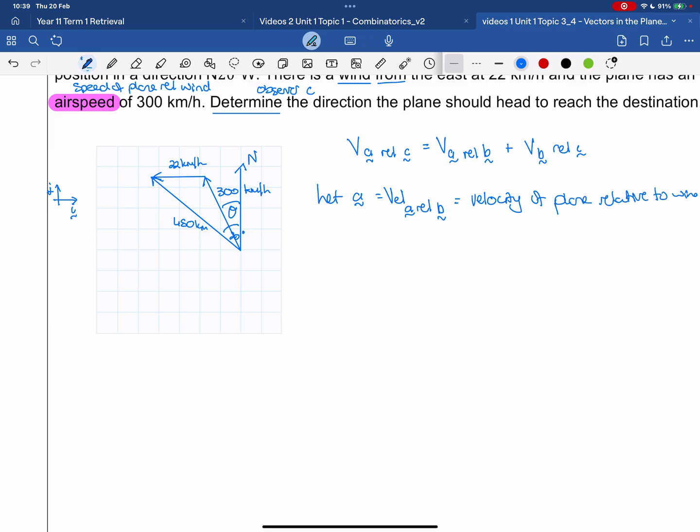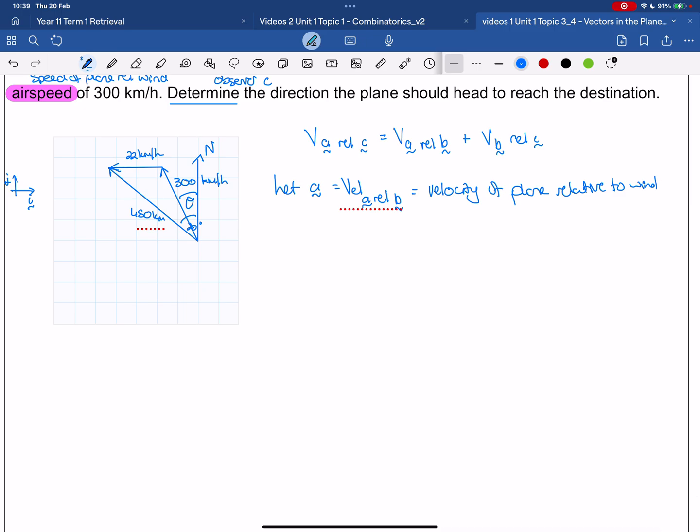So that's my airspeed. Okay, my B, well, that's going to have to be my velocity of the wind.